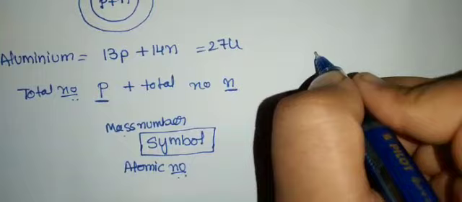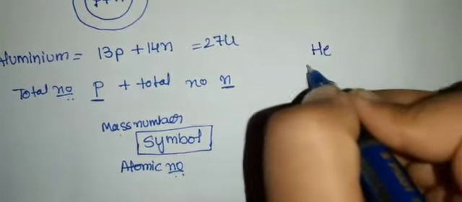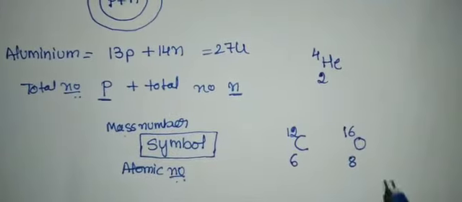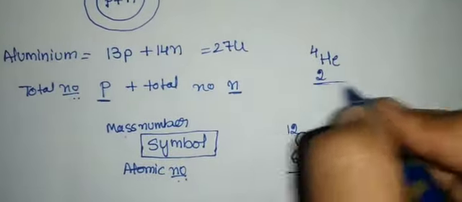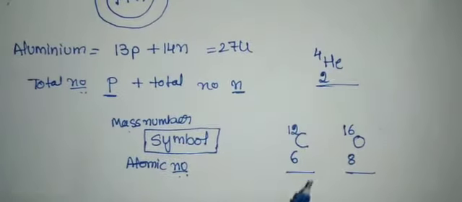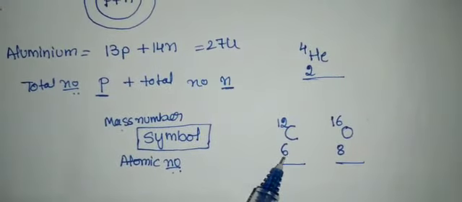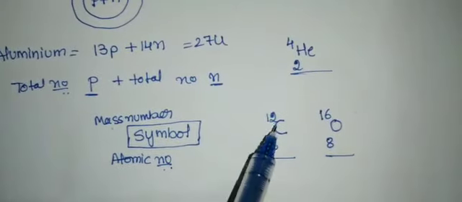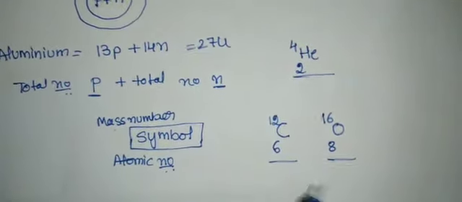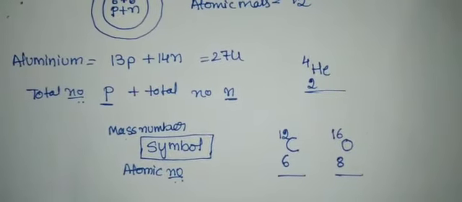If you take helium, 2, 4. Like this only we have to write it. When we are mentioning the atomic number and the mass number for the symbols, you have to write the atomic number at the bottom left side and the mass number at the left top. This is how we have to write.